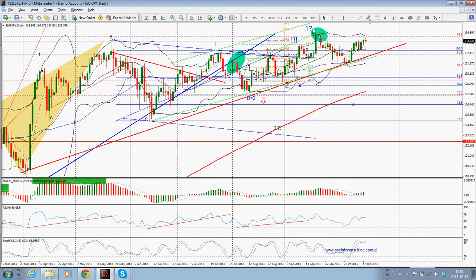And the question is whether this is a 3 or a 1 again. That could be the 3, because that is 1, 2, and this is 1, 2, 3, 4, and 5. It's not that easy. There are too many possible counts.